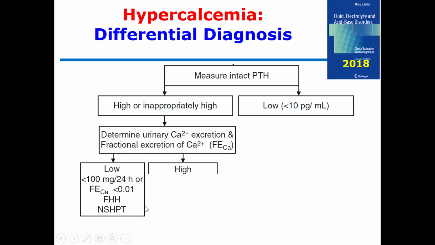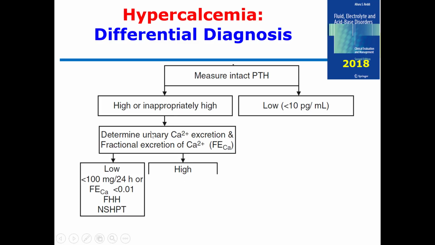That may be low, less than 100 milligram calcium per day, or fractional excretion of calcium less than 0.01. If this is the scenario, an inappropriately high PTH with hypercalcemia and low calcium in urine, we are within the diagnosis of familial hypocalciuric hypercalcemia or neonatal severe hyperparathyroidism.